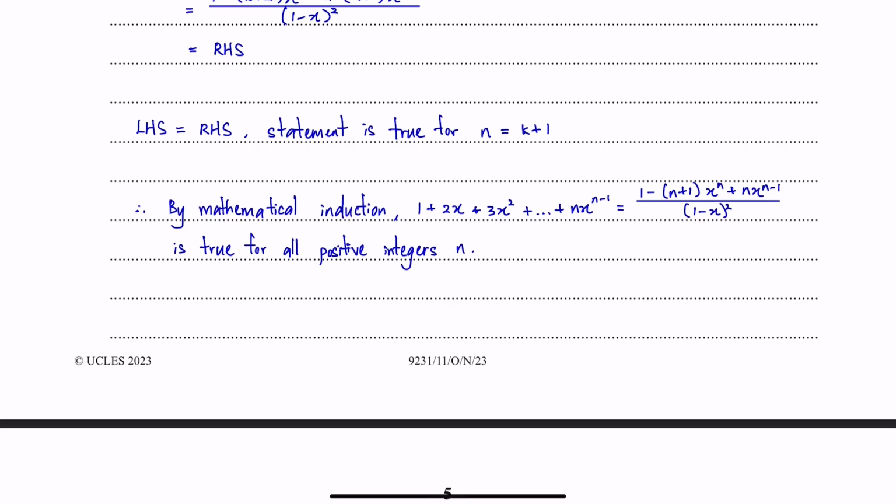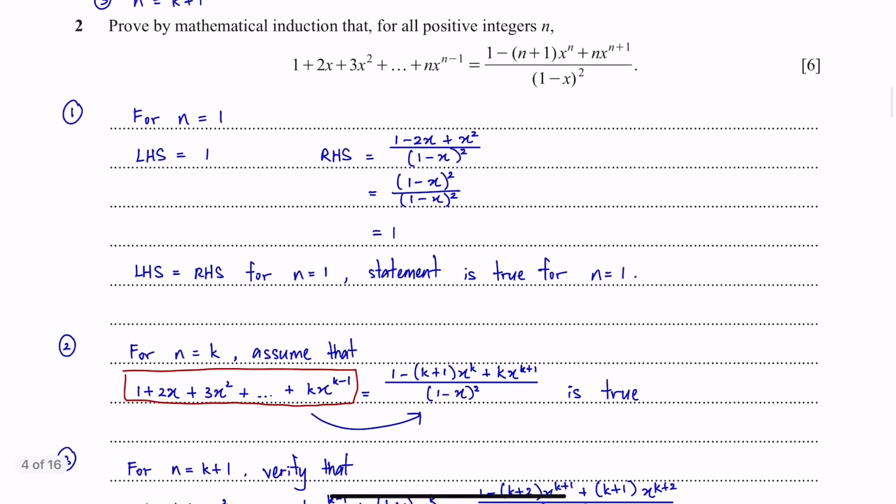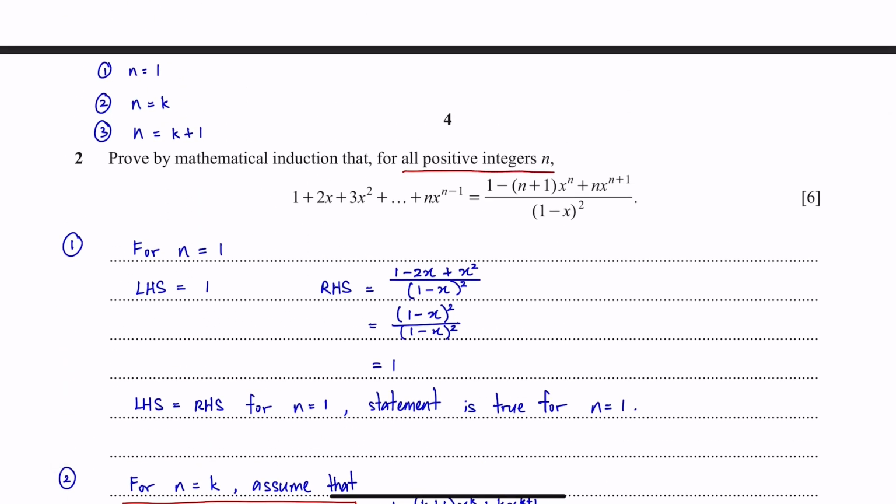For the last part, for all positive integers n, you just have to refer at the question. So I just copy it back.